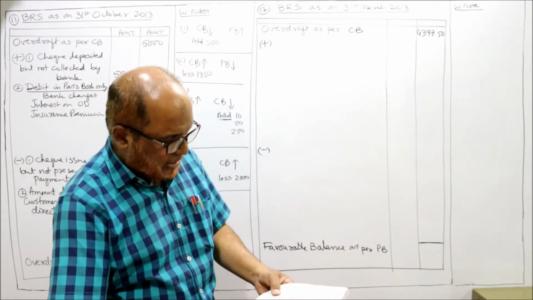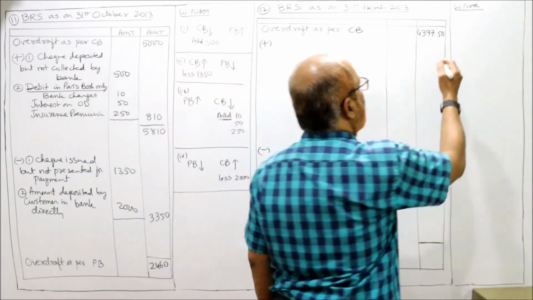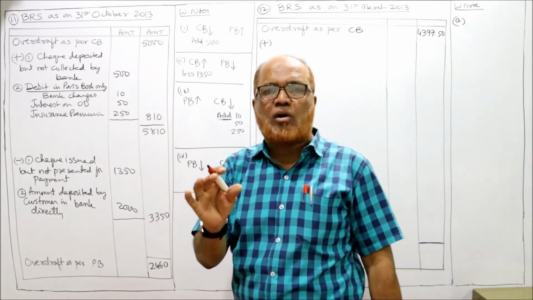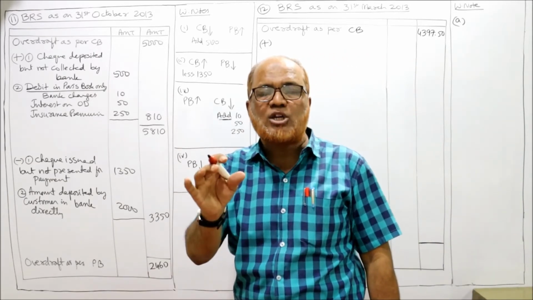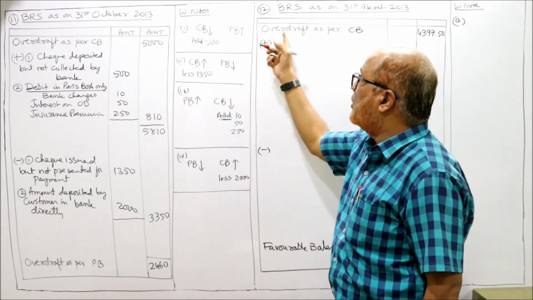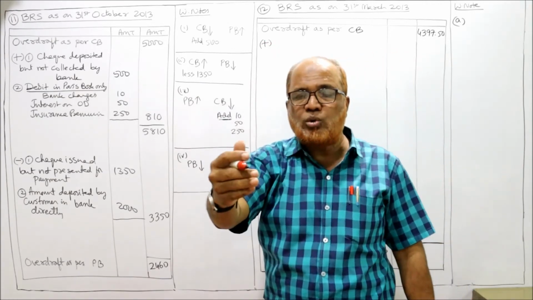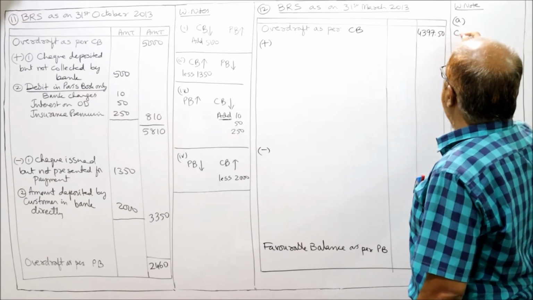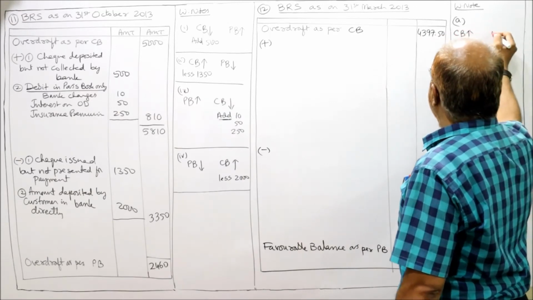When we issue the check, we record it in the cash book. As soon as we issue the check, we record it in the cash book. So cash book overdraft, already we are having overdraft balance, so when we issue the checks, overdraft will increase. Cash book overdraft will increase.